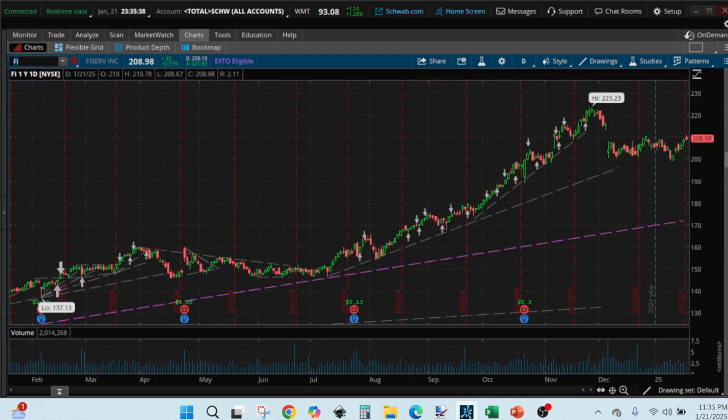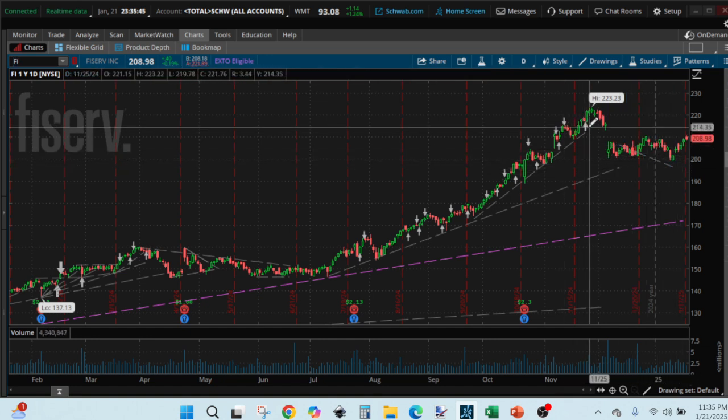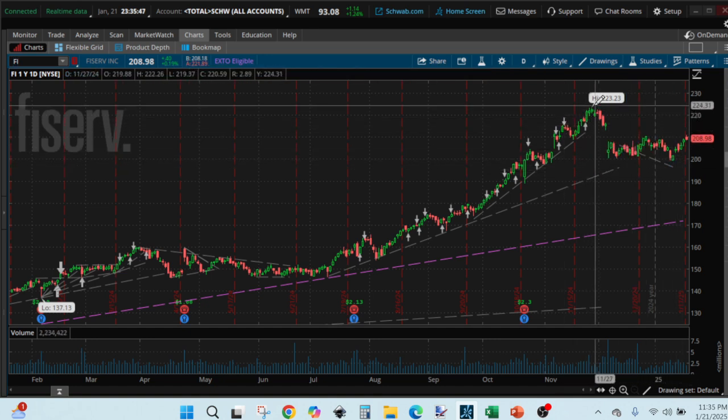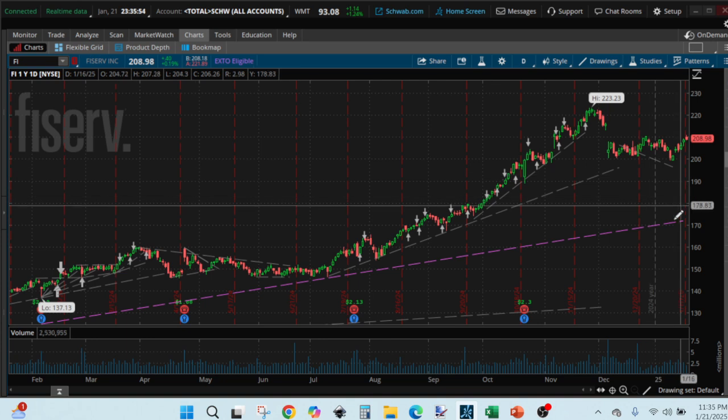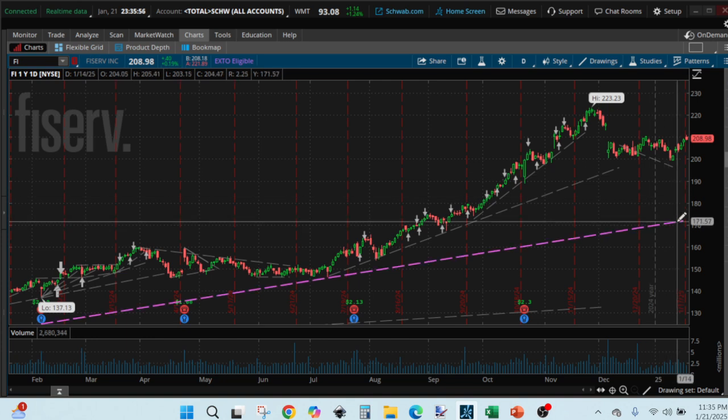FI is the next one we have in our portfolio as well. That's why it's highlighted on our watch list. We bought it there, the price went up a little bit and pulled back. Right now the price is following this trend line, but next time we will buy it, we prefer to just wait at this one.